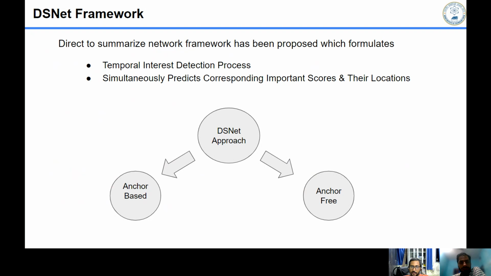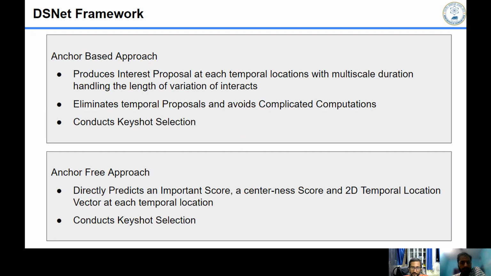Now the DSNet approach has two different approaches: anchor based and anchor free. In the anchor based approach, it produces interest proposals at each temporal location with multi-scale duration, handling the length variation of interests.